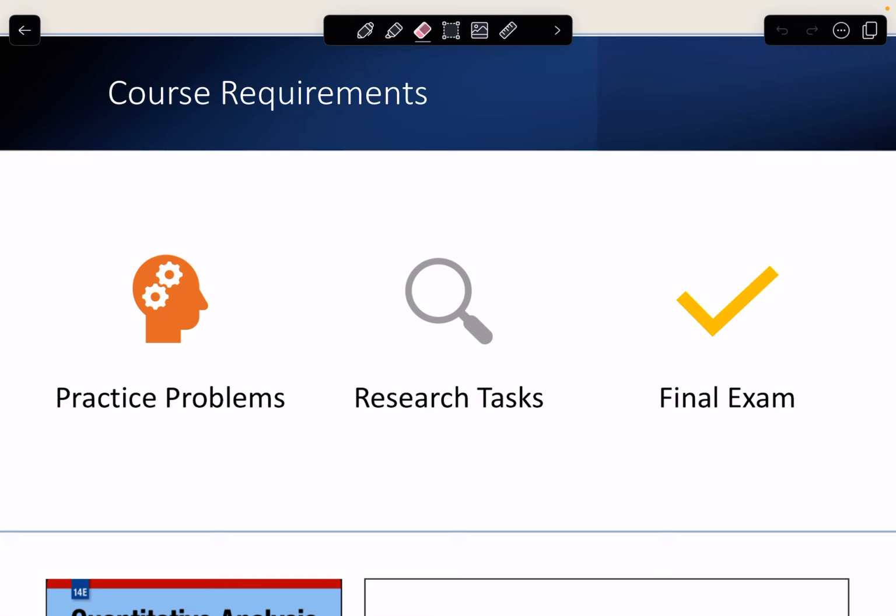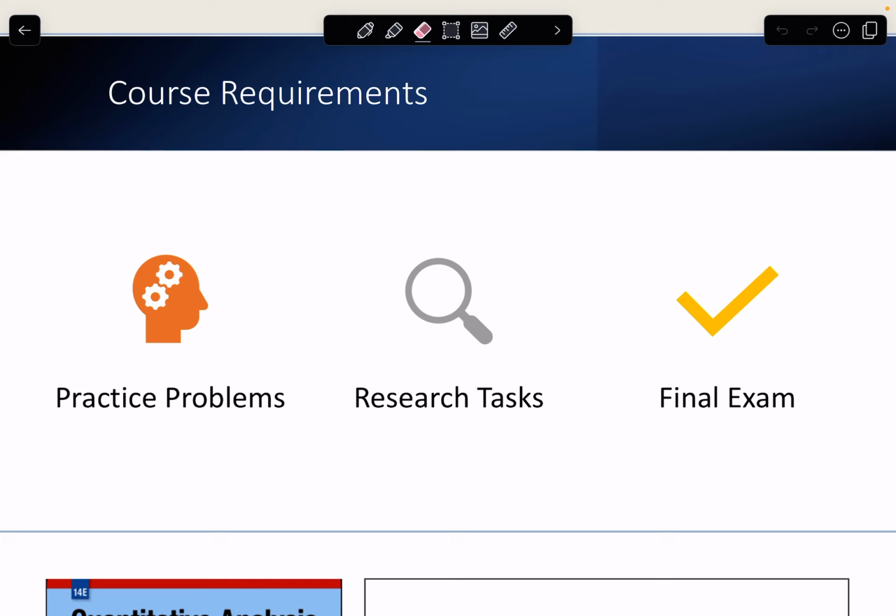And afterwards, we have a research task as well. In this case, you will be given a case scenario, and from there will be a series of questions that you are going to answer.